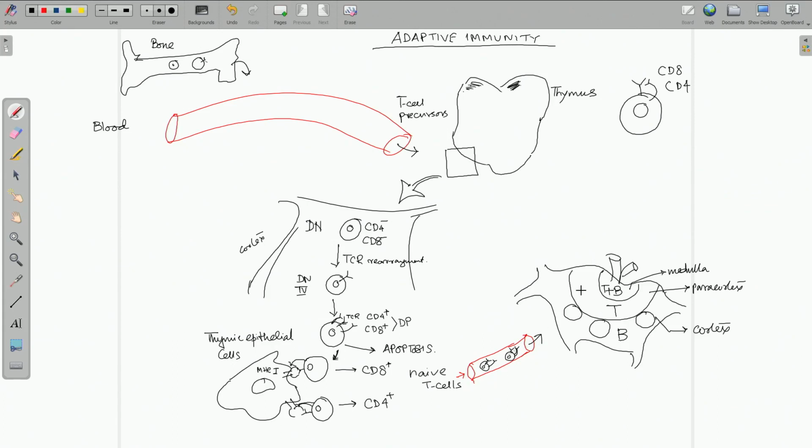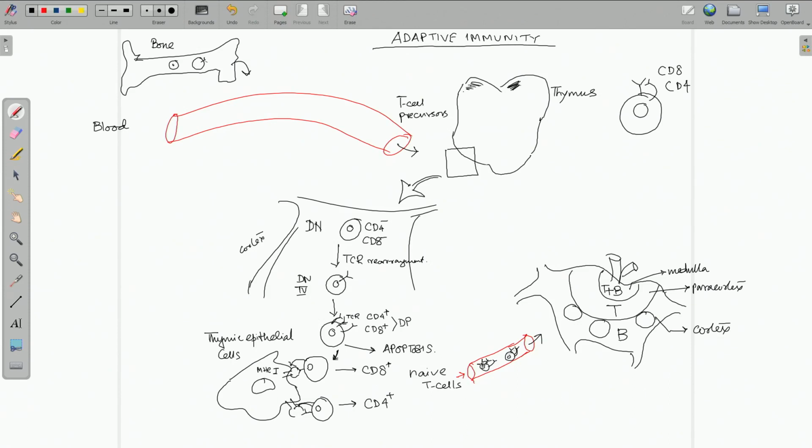Now, this lymph node, apart from containing the T cells and the B cells in the cortex and paracortex, also contains the antigen presenting cells like the dendritic cells and the macrophages, which are presenting the antigen on their surface by class 1 or class 2 MHC molecules.